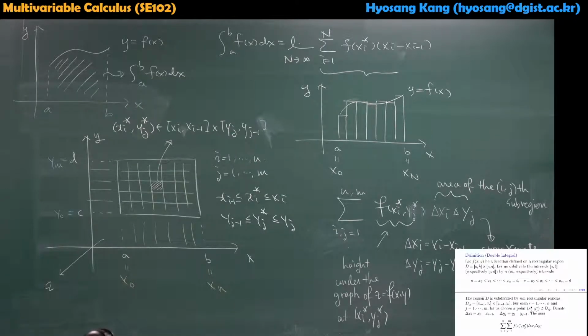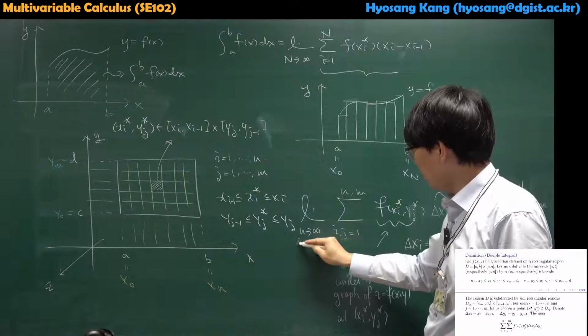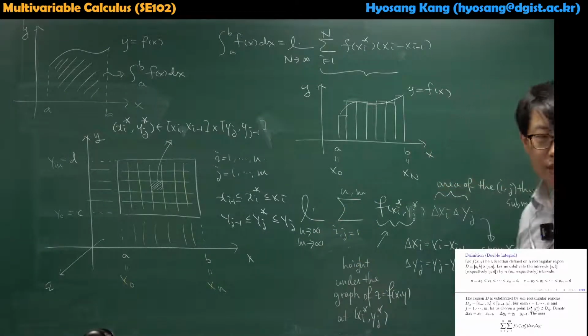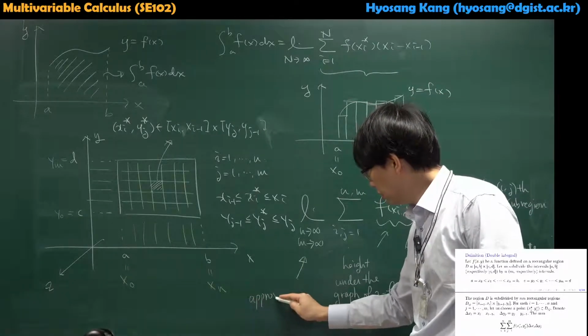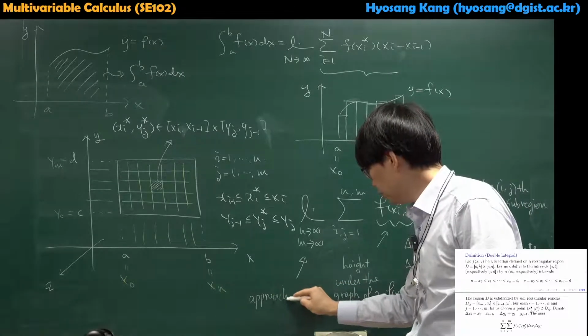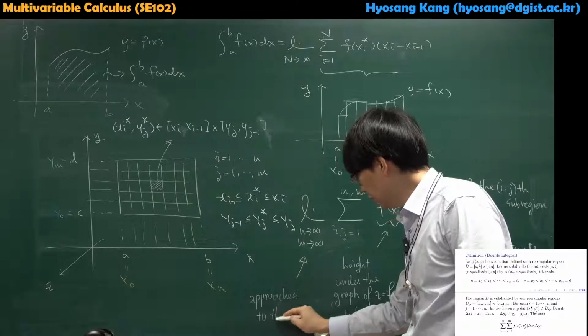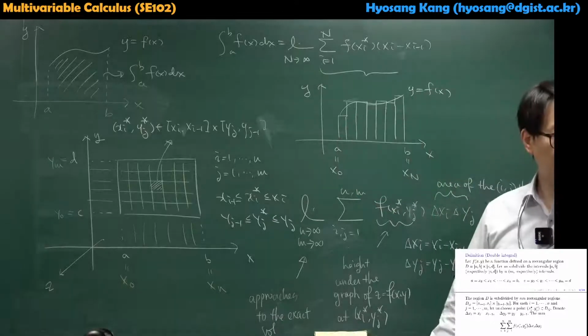I want the exact volume under the graph of the function. What should I do? I have to increase the number of subdivisions for the x-axis and y-axis. So I take the limit where n and m both go to infinity, then this approaches the exact volume, can you see this?